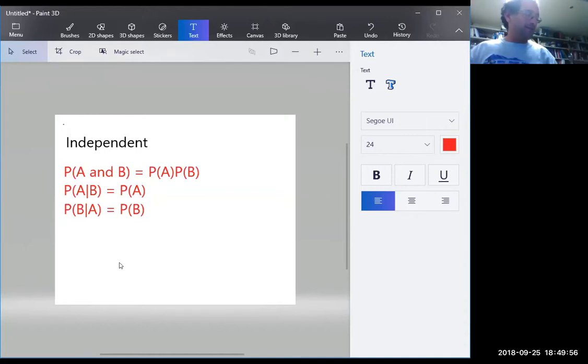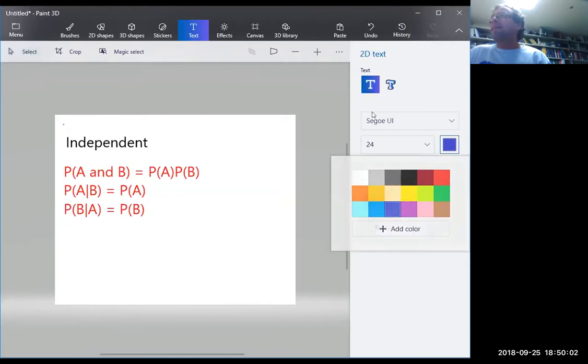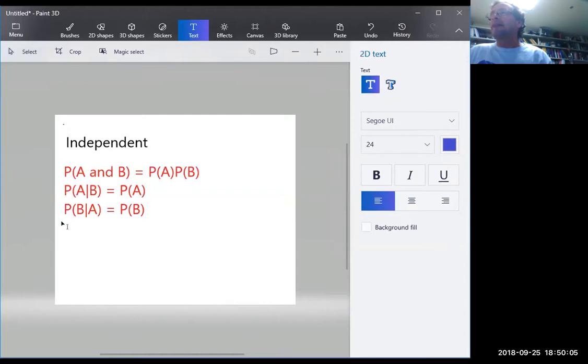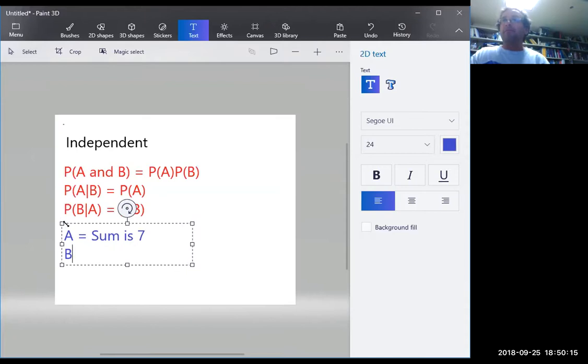Just like that. And I'm going to look at 2 events. So let's say A is the sum is 7. And B is the first is a 2.